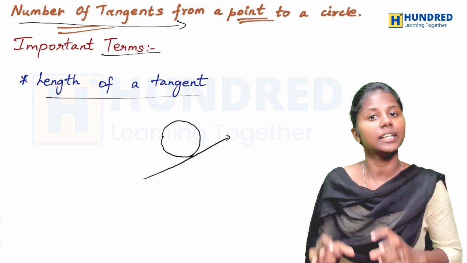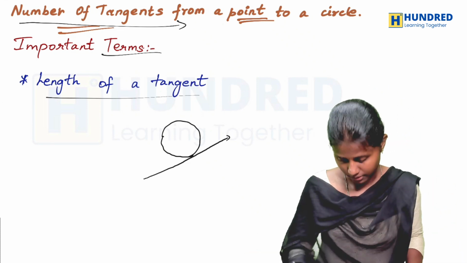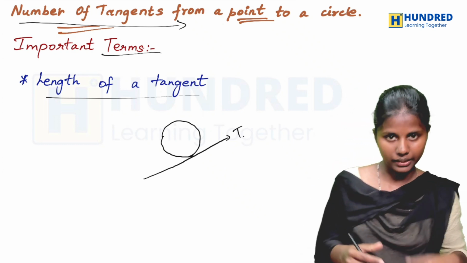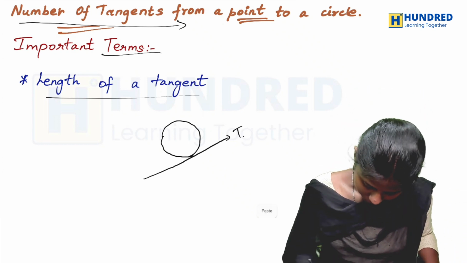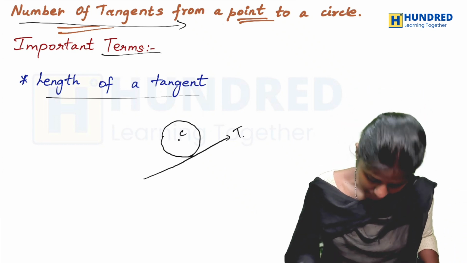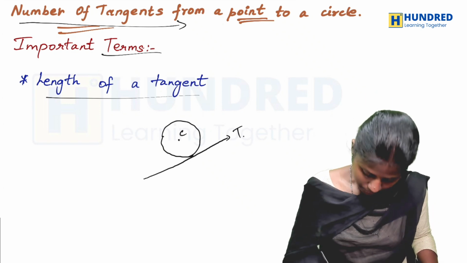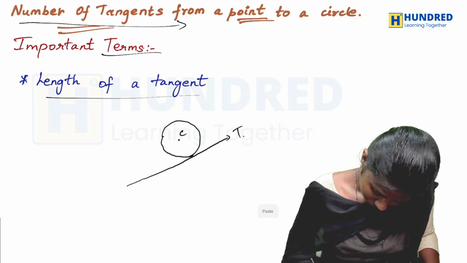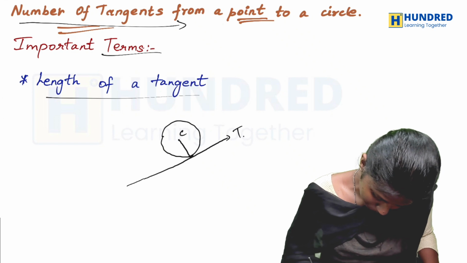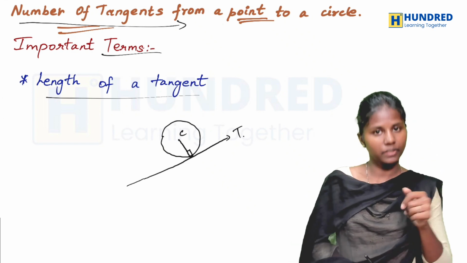I have to find the length of this tangent. How can we find it? Take the center. This center makes a perpendicular to the tangent, right?